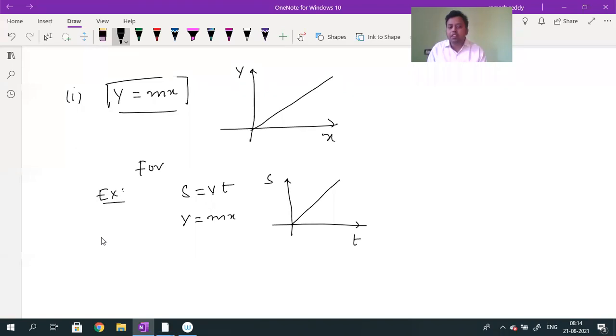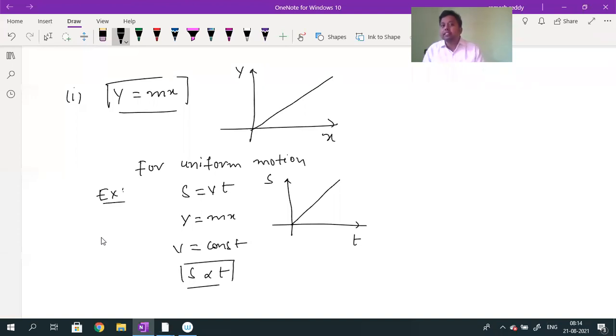What is the meaning of uniform motion? The body covers equal distances in equal intervals of time. For uniform motion, S value will be equal to Vt, of the form y is equal to mx. For uniform motion, velocity is constant, so s value is directly proportional to t.